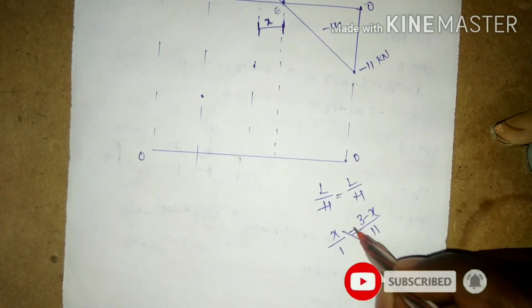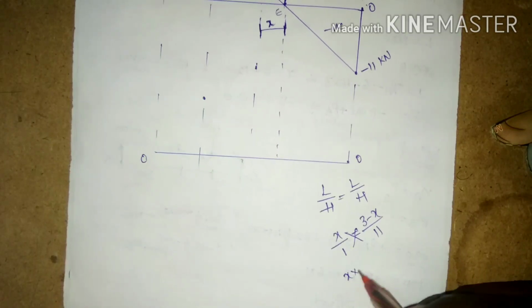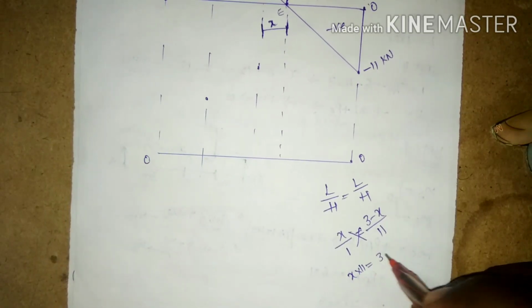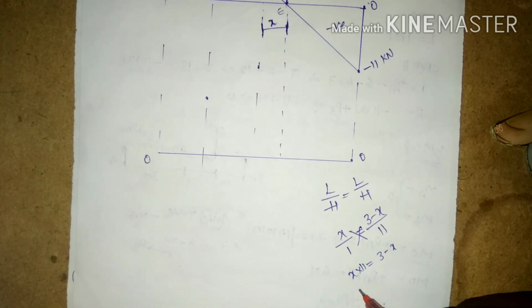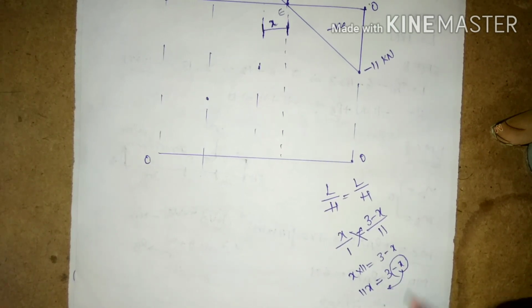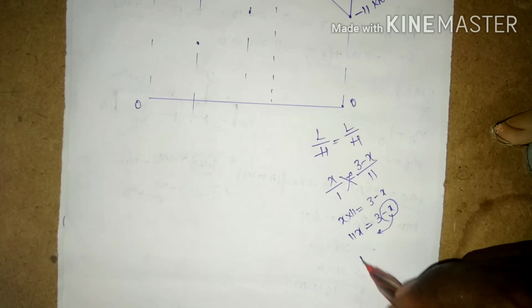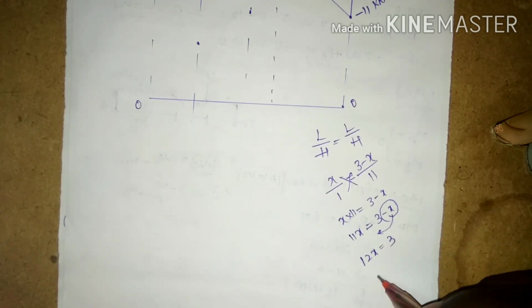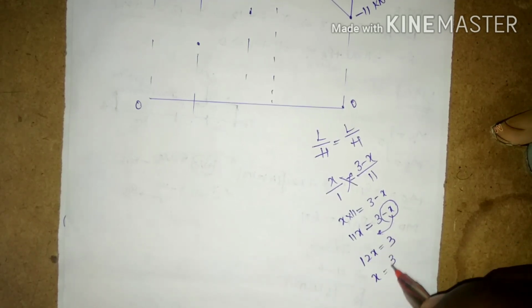By cross multiplication, x into 11 is equal to 3 minus x. 11x is equal to 3 minus x. Sending this minus x across, it becomes positive, so 12x is equal to 3. What is the x value here? 3 by 12.